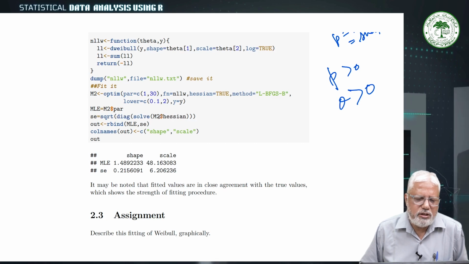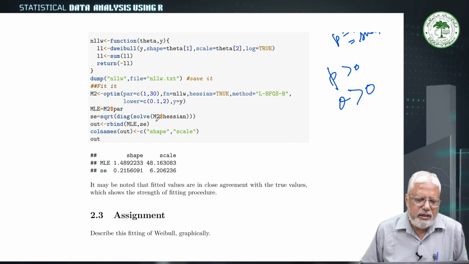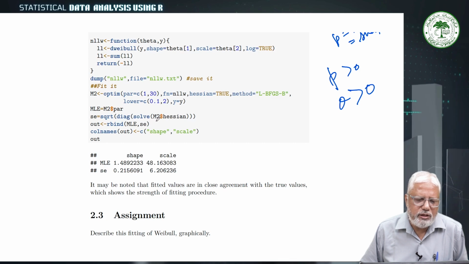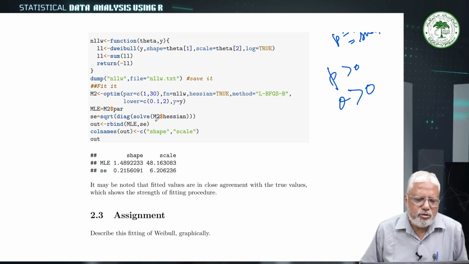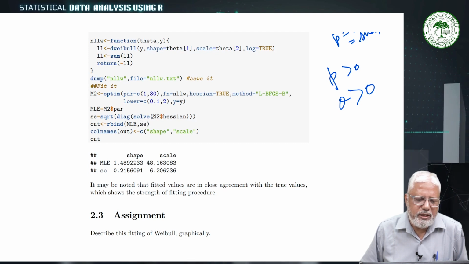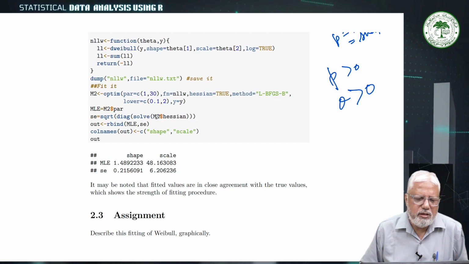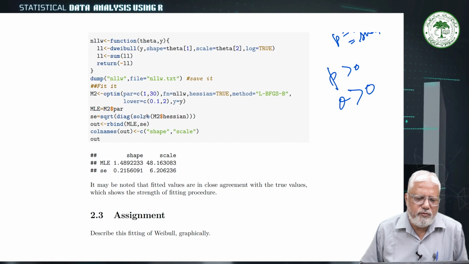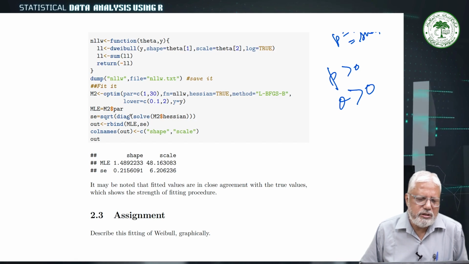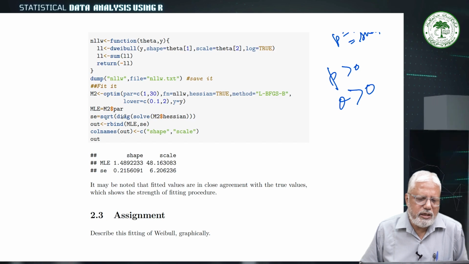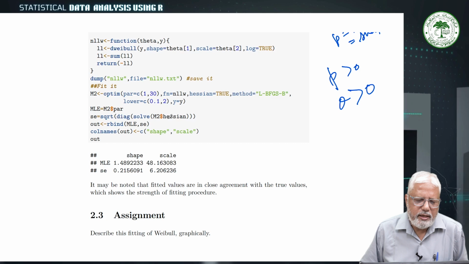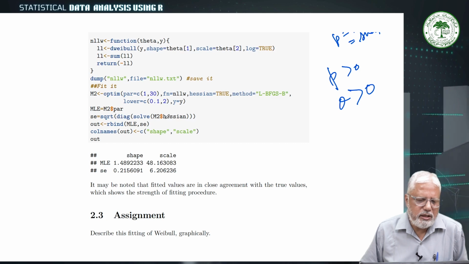This is the Hessian matrix reported by the Optim function, and it is already in the right sign because we are optimizing the negative of the log likelihood, so there is no need to negate the information matrix. Then solve gives the inverse of this matrix, and we extract the diagonal elements, because the diagonals are variances and their square root is nothing but the standard error.